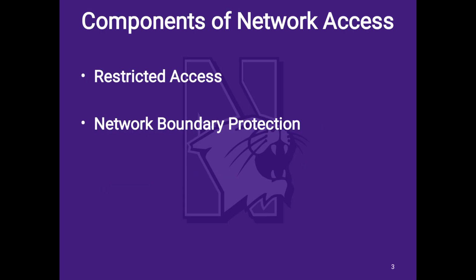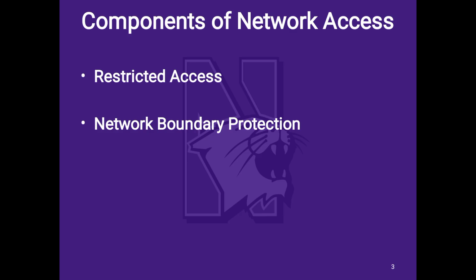Components of network access control. There are two components: restricted access and network boundary protection. Restricted access restricts the access to the network through user authentication and authorization control. For example, a user can't access the protected network resource without getting permission.